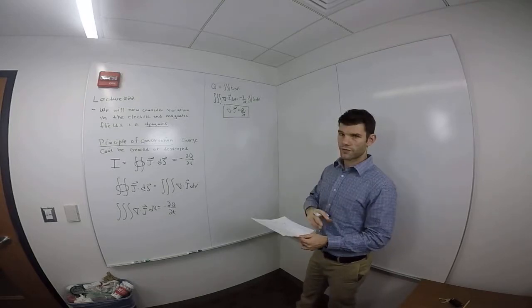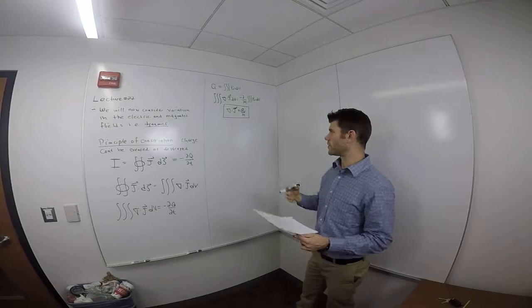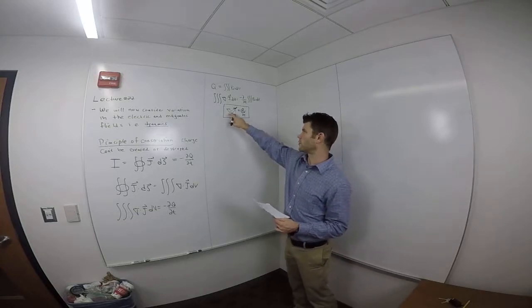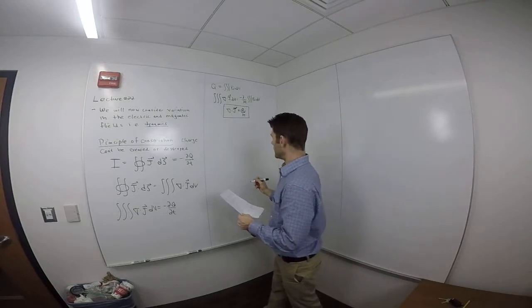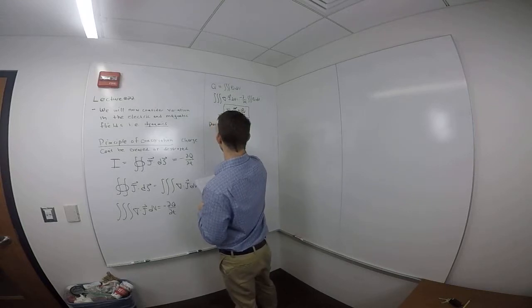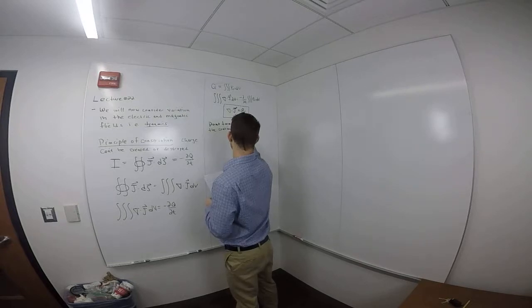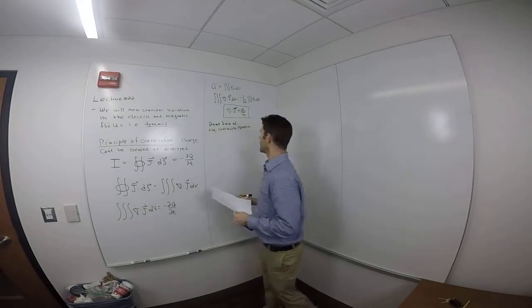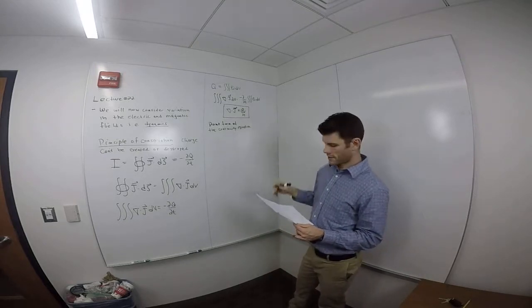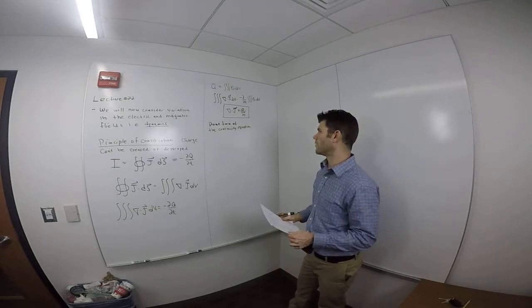So as that charge flows out of some contained object, that's equal to the divergence of J. This right here is what we call the point form of the continuity equation. Okay? So we're going to use this right here, and we're going to try and get to a more useful and applicable equation.